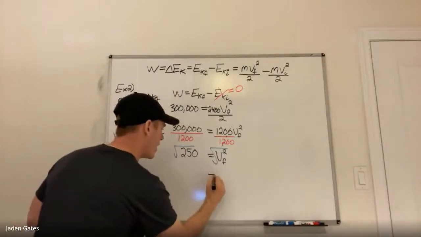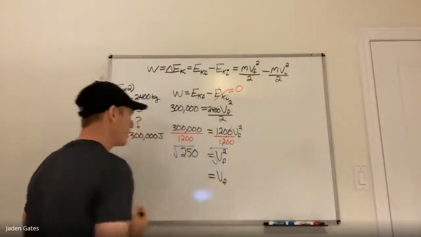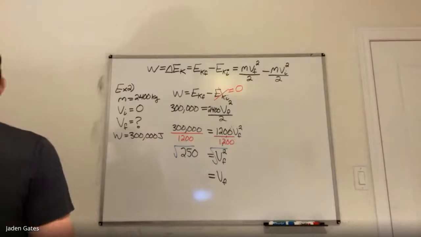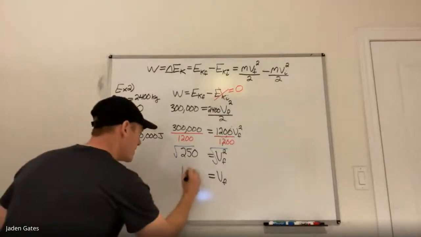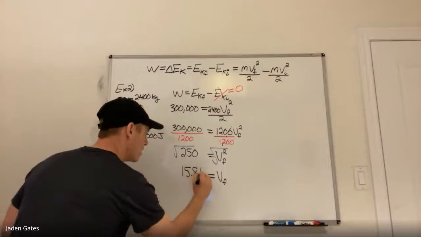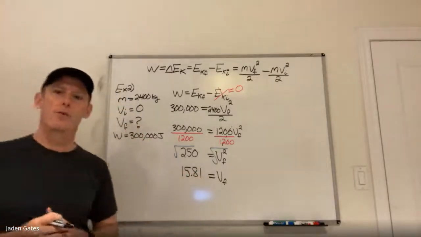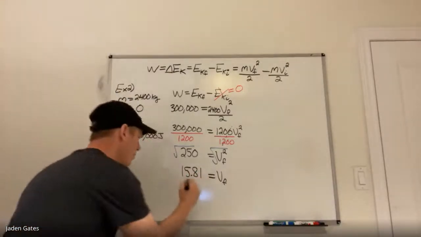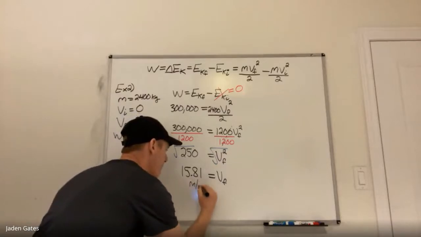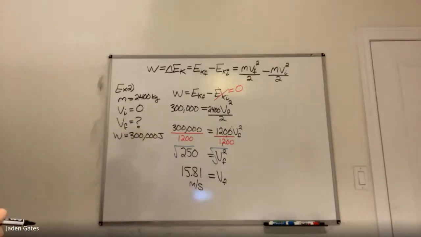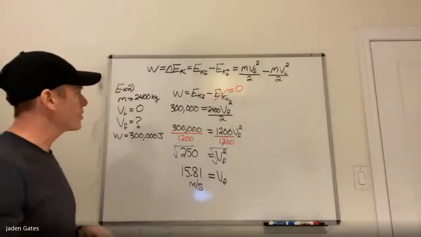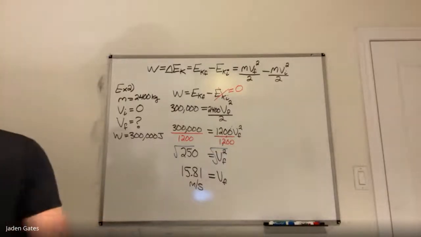And so the final velocity of my car, take 250, square root it, and I get 15.81. And again, because we're dealing with our standard units, we have meters per second. All right, so there's another example of our velocity changing from rest.